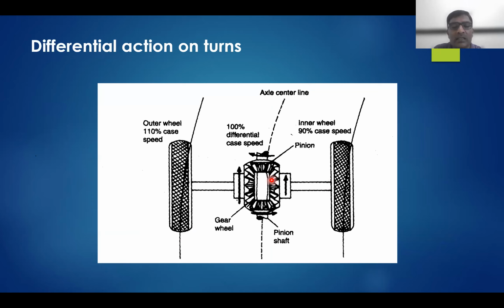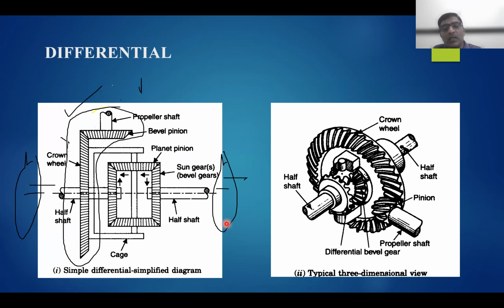So you can see another figure. This we are going to study with respect to how the differential is in action. But for the time being, you can consider these are the sun gears. So these have to rotate to propel the vehicle, and these are the pinions. The crown wheel and the pinion are not shown in this figure.